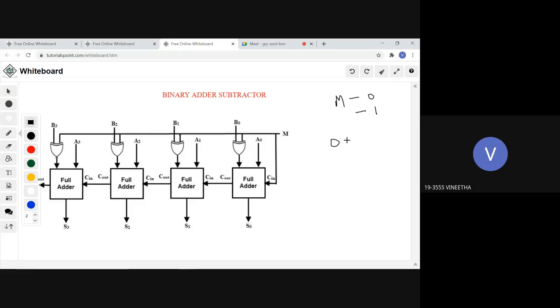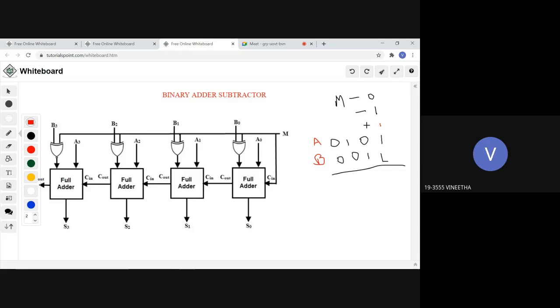So 0, 1, 0, 1. And 3 in binary is 0, 0, 1, 1. These are my A values, and these are my B values.